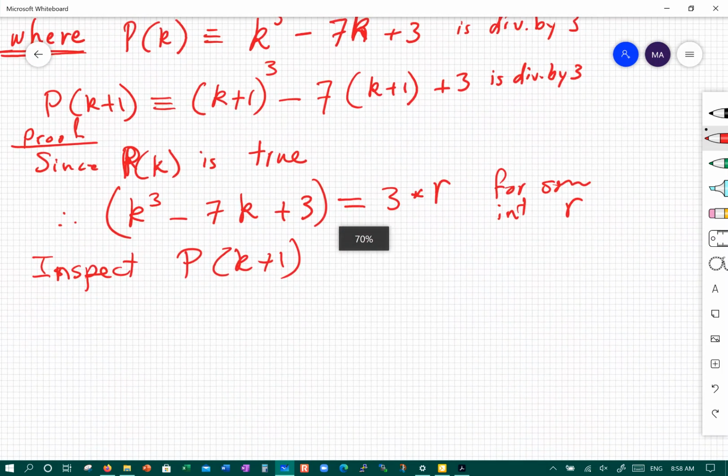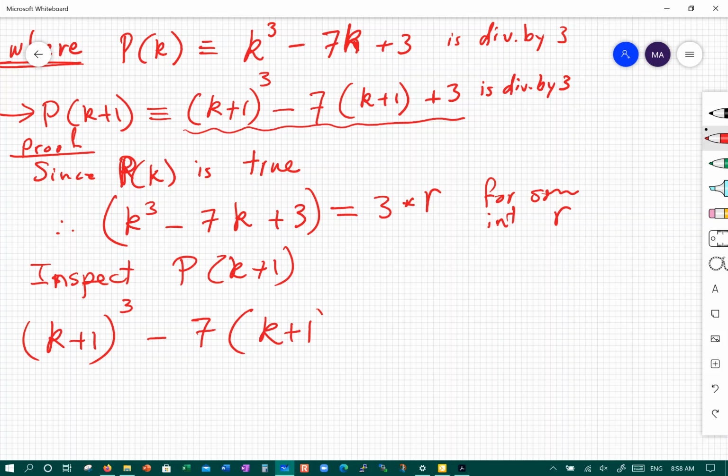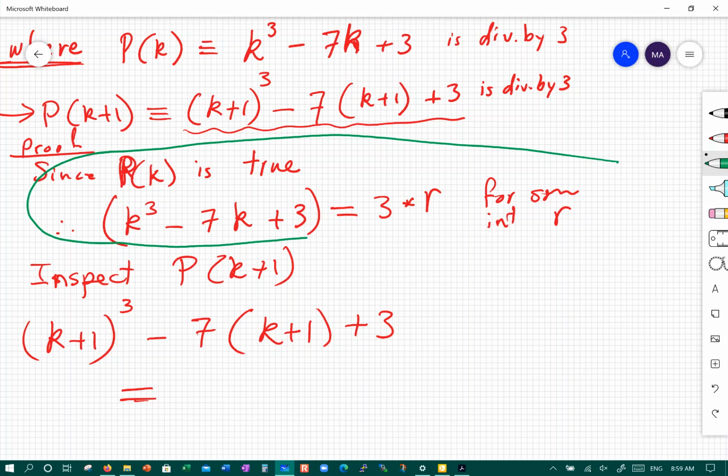So going back to the definition of P of k plus 1, we want to show that this expression is divisible by 3. So let's inspect that expression. (k plus 1) cubed minus 7 times (k plus 1) plus 3 equals, we want to inspect what this expression can be reduced to. Our mission here is to use this assumption somehow in the proof.